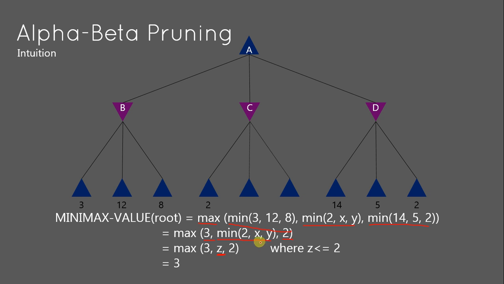We don't know what x and y are, but we're sure that whatever the value of x and y, it will not affect the minimax value of 3 because z is less than or equal to 2.